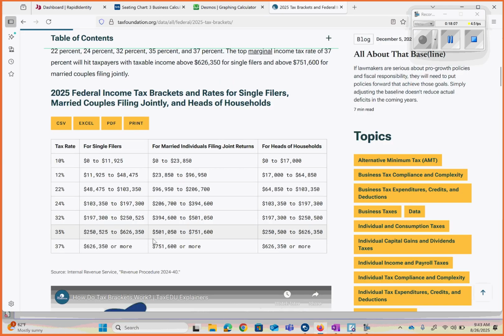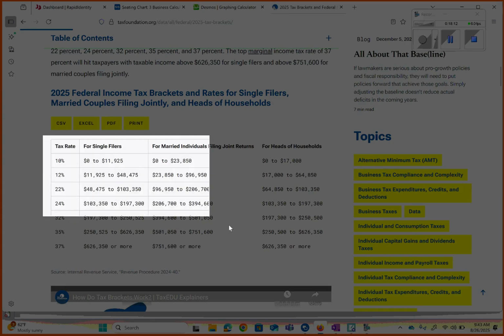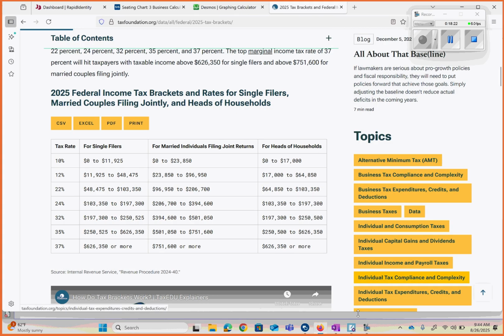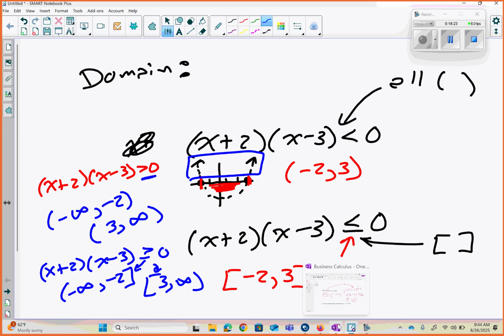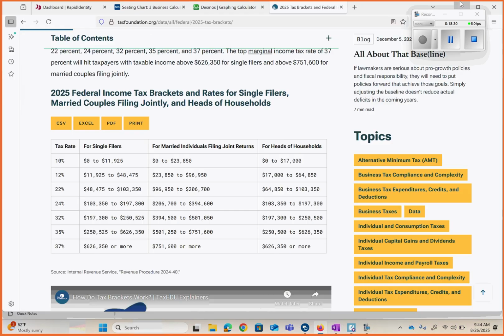Okay, so there it is. I want to take a picture of that. Let's see if I can insert that.